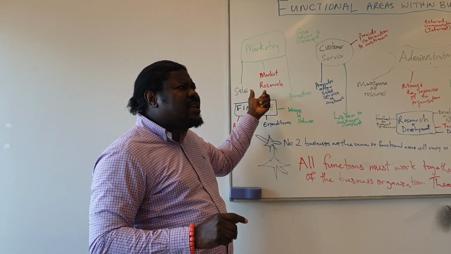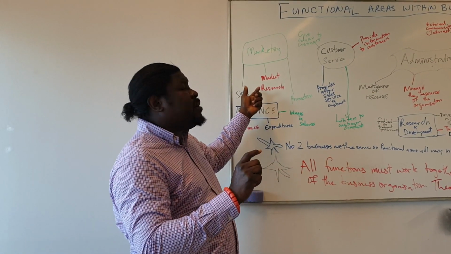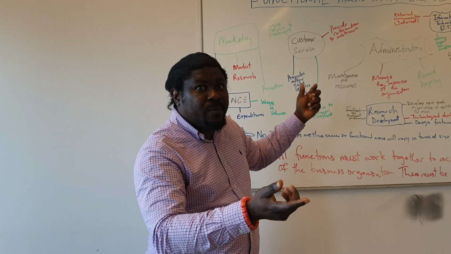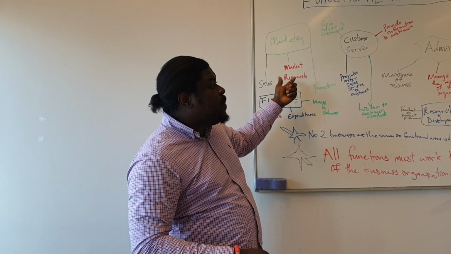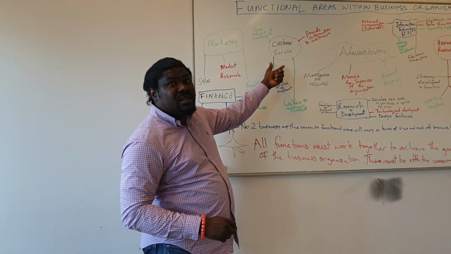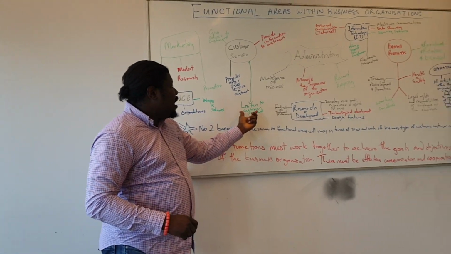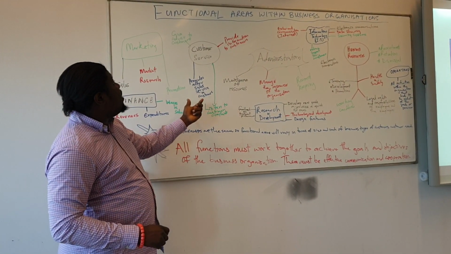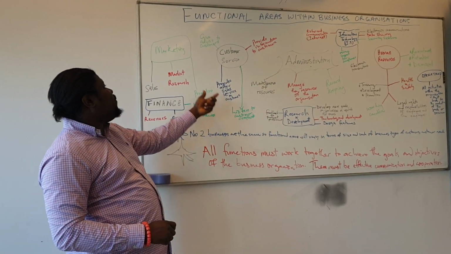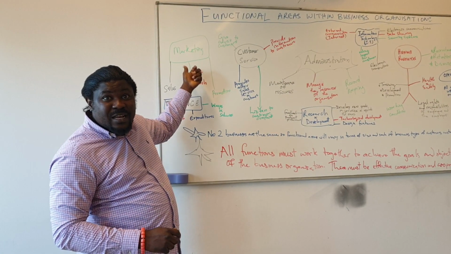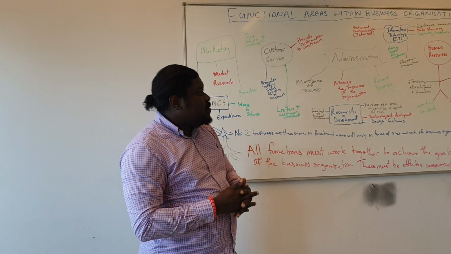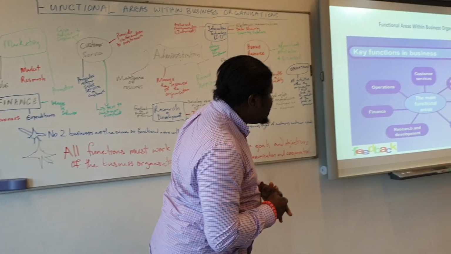You can already see that there is definitely going to be a relationship between the marketing department and, say, the production department, the finance department, or the customer service department, which gets customer complaints and information from customers and can feed that back to the marketing department. So you can already see that there's a relationship between different functional areas.